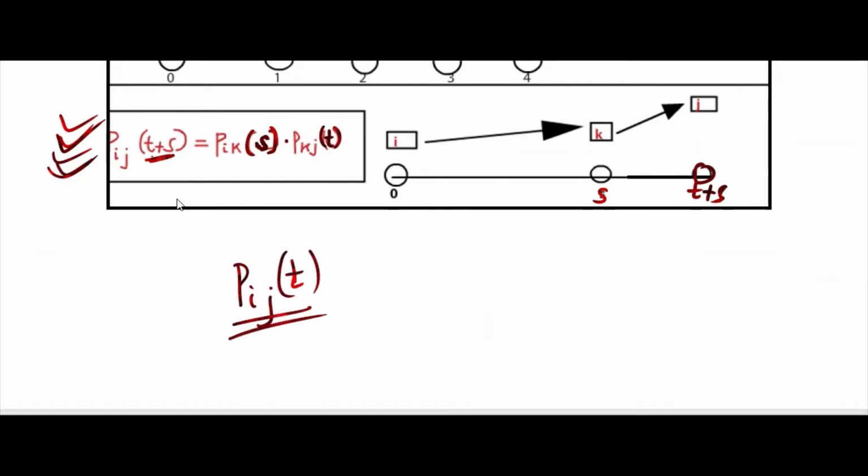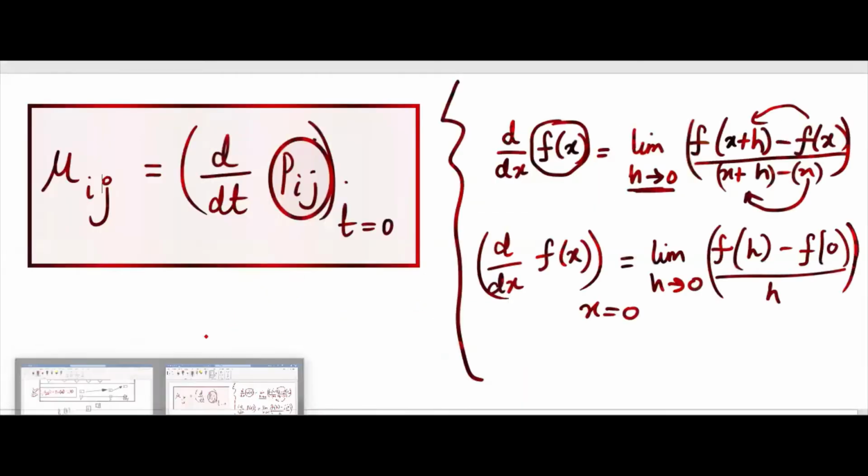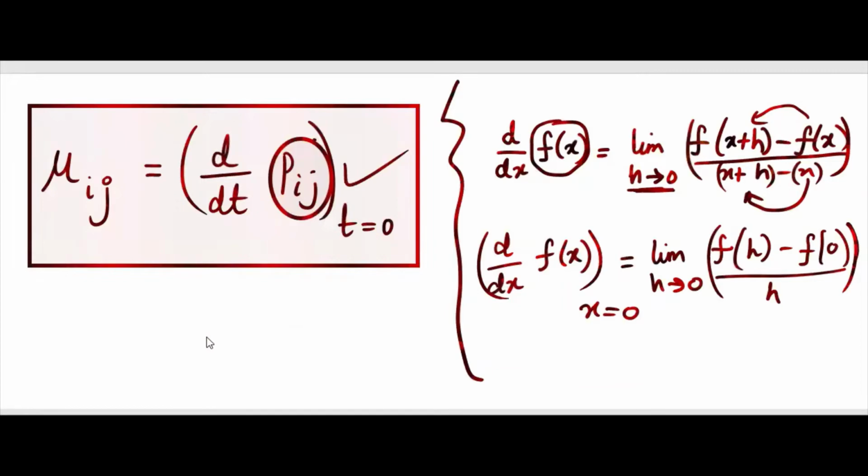That means I to j in time t. Here 0, t, you can write i here, you can write j here. What is the probability that in time t it will move from i to j? That is the probability. And around t0, mu ij is the differentiation of Pij, the rate of change of Pij around time t0. And we will see how mu ij and Pij are connected. This is the mathematical definition.